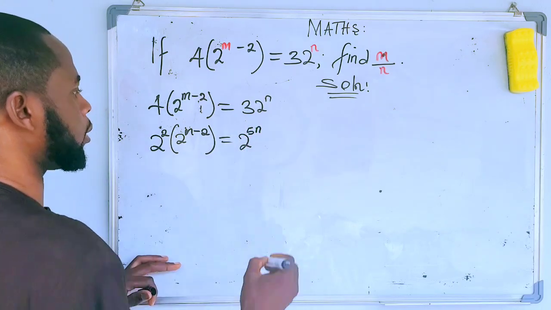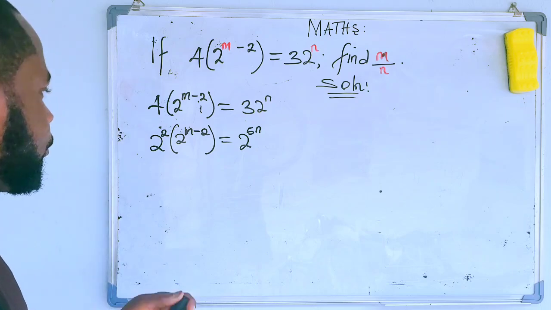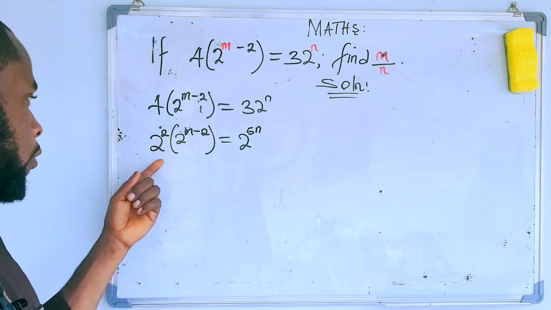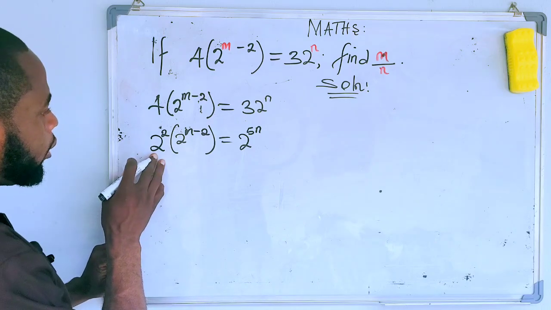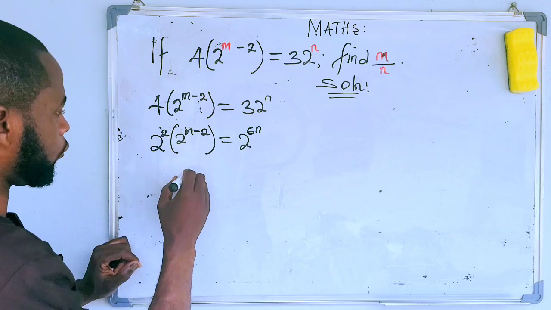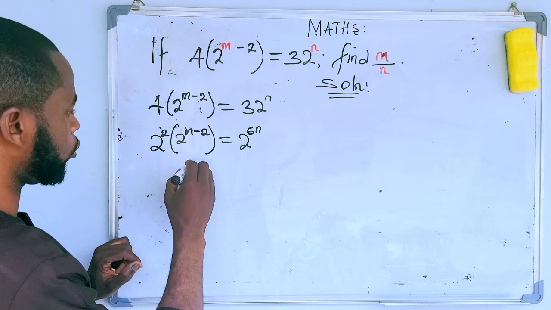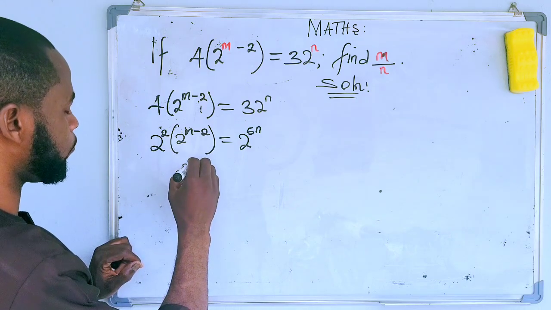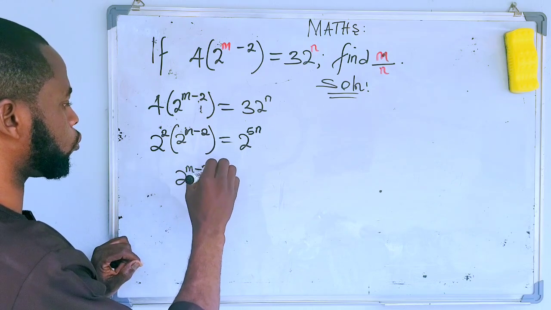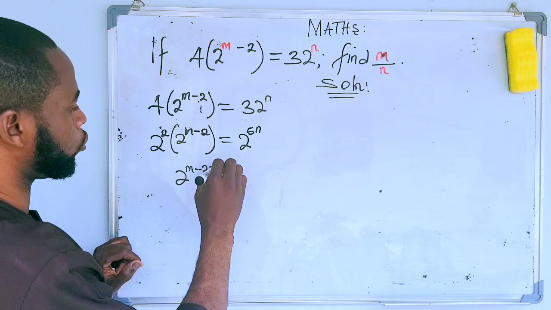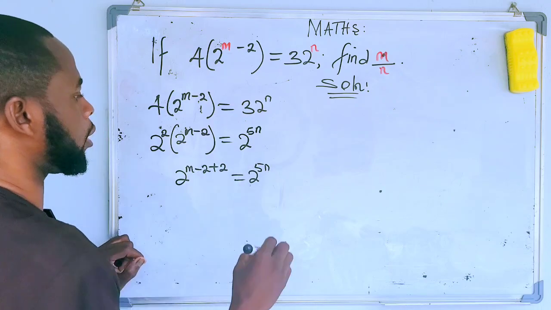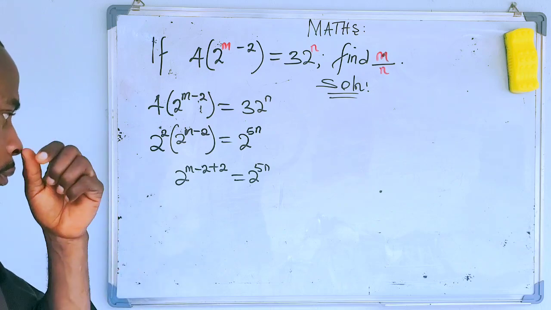Then multiplied by n. Now, in indices, when the bases are the same, we add the powers. So here, we are going to add the powers, since we have base 2 and base 2 here. When I solve, this becomes 2 to the power of 2 plus m minus 2 equals 2 to the power of 5n.